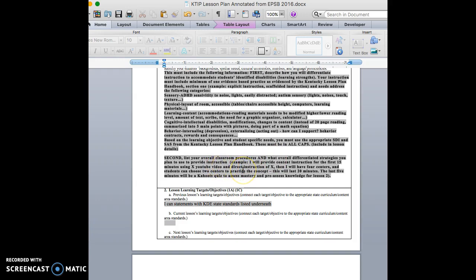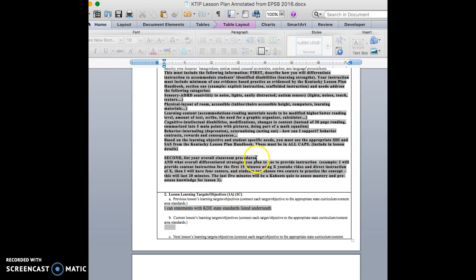So start out with, I'm going to be providing content, I'm going to have some centers, and here are the expectations that I have for those areas. So start with your overall classroom procedures, and this could be your CHAMPS procedures, whatever you're using to manage your classroom. The expectations that you have or rules for your class.